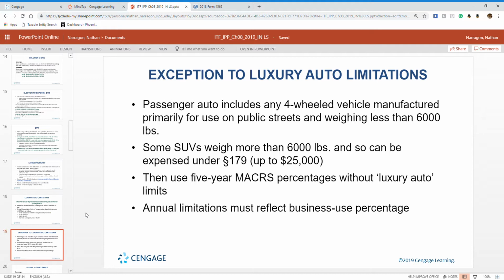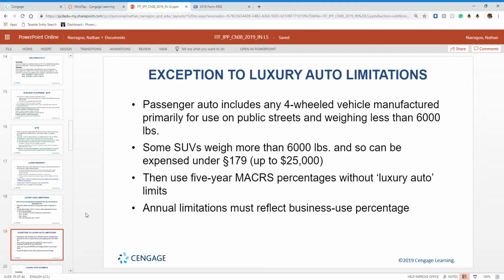So we got some SUVs. And again, this changes a lot, so me telling you what exactly they are really doesn't help very much. They try to be a little better on the questions, not going too in depth. Again, we just try to get you the basics of this law.